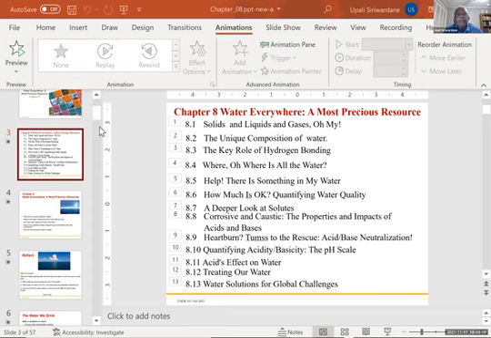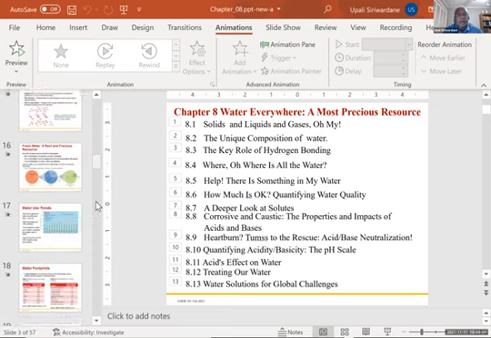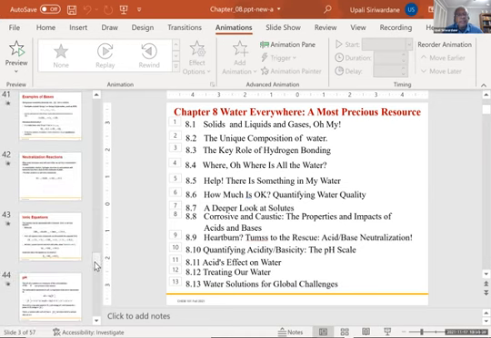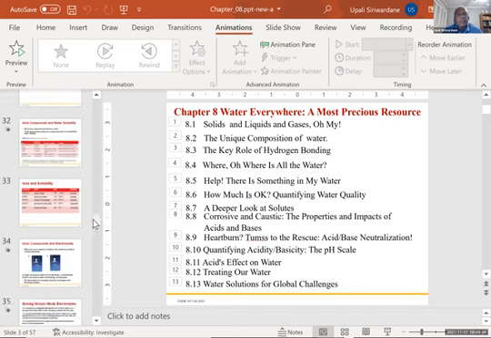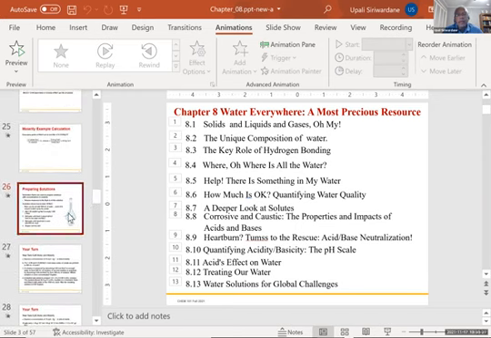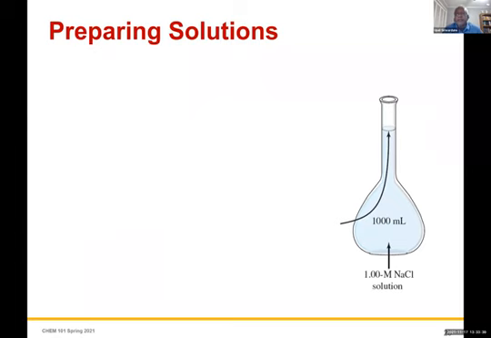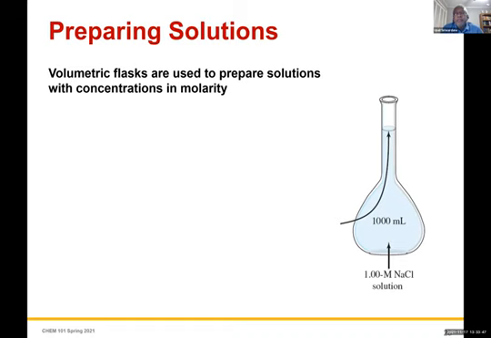So let me go to the slides where I stopped last time. We were talking about water solutions, how you prepare a solution using volumetric flask, how you prepare 1 molar sodium chloride solution. Volumetric flask, this flask with 100 milliliter capacity is a 100 milliliter volumetric flask.